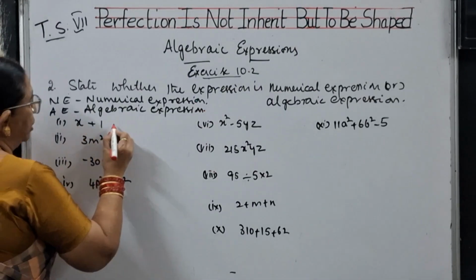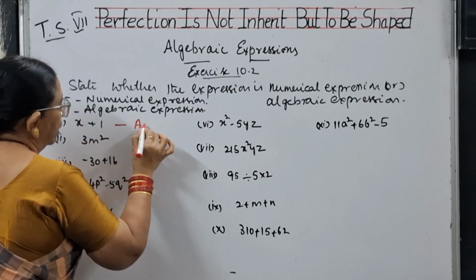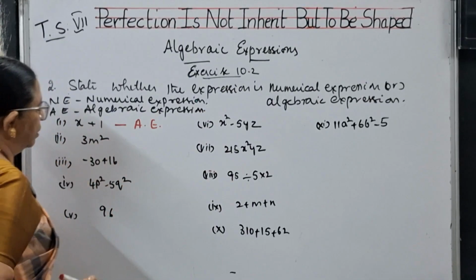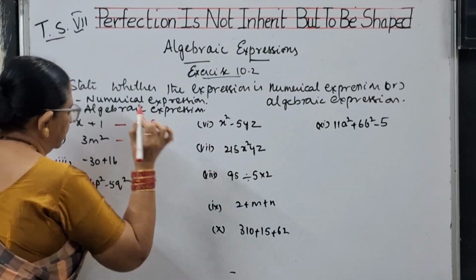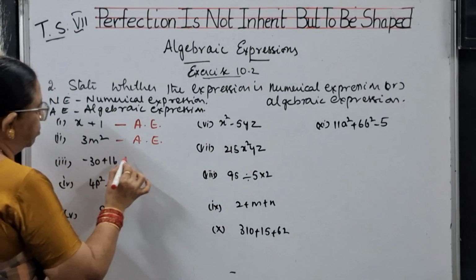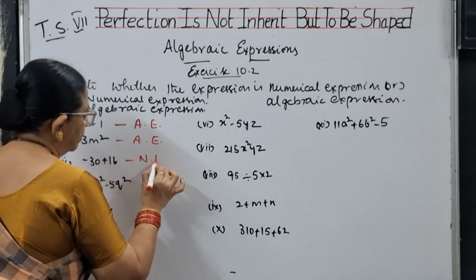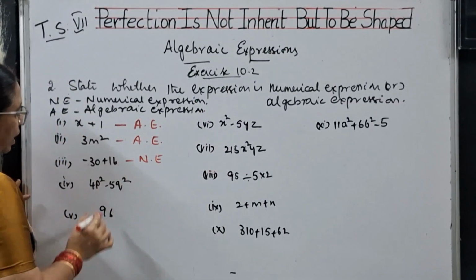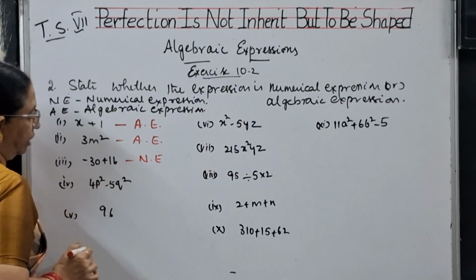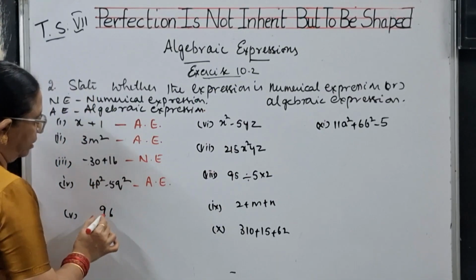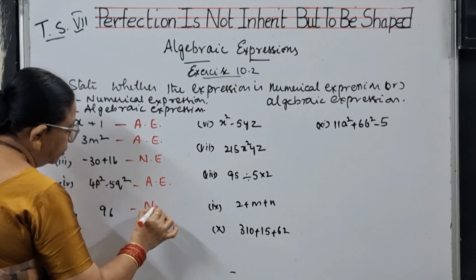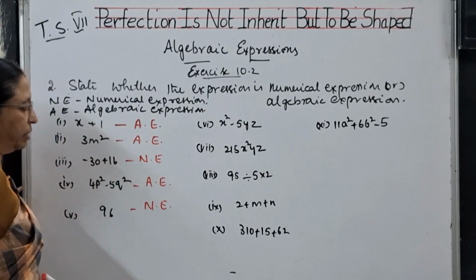So here you have a variable, so this is an algebraic expression. And here also a variable is there, so it is an algebraic expression. Here only numbers are there, so this is a numerical expression. And here variables are there, so it is an algebraic expression. And this is only one number, so this is a numerical expression.